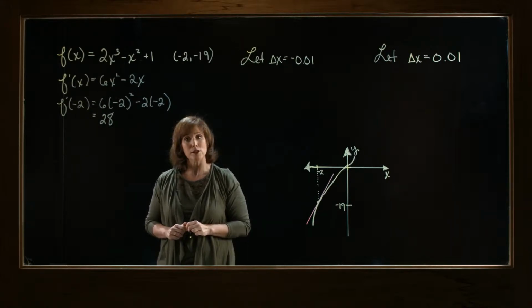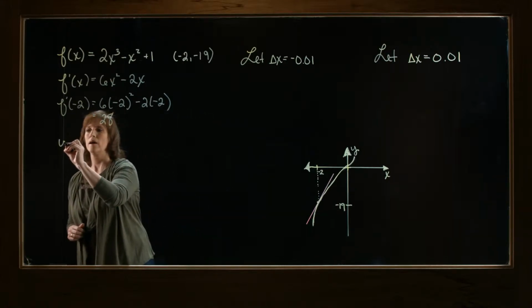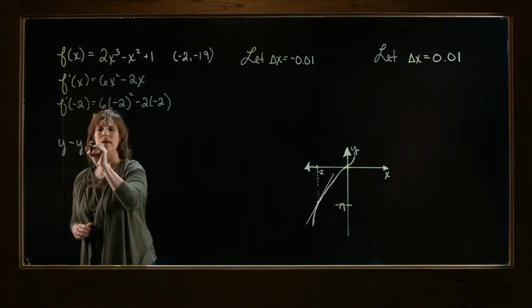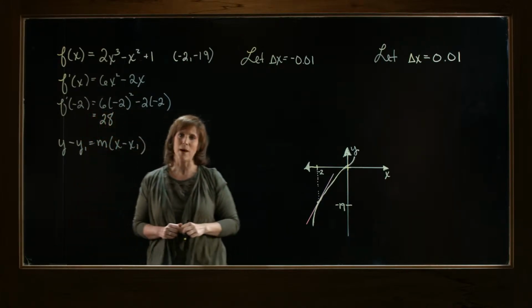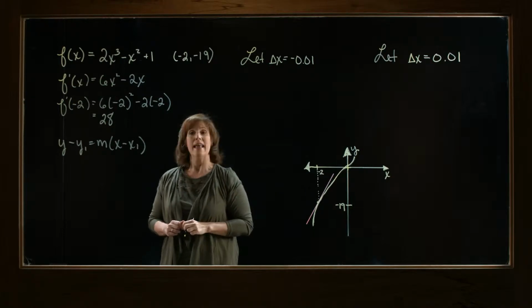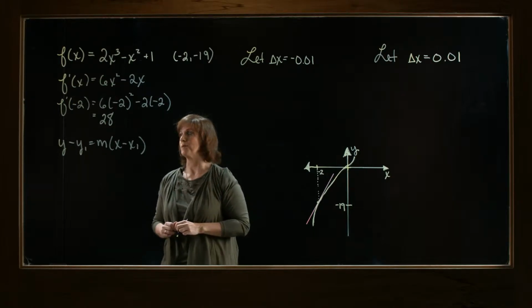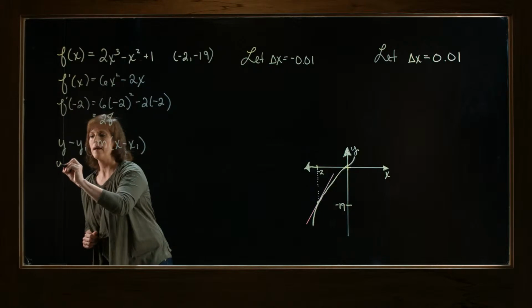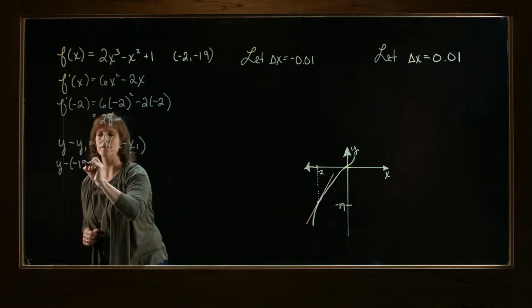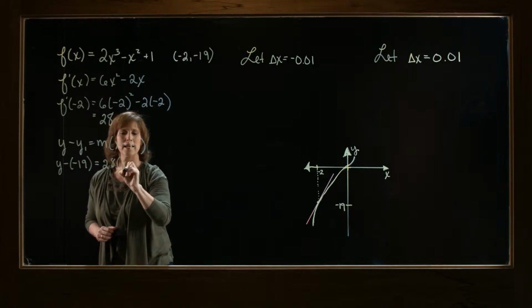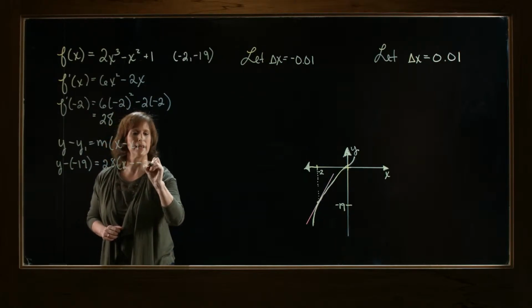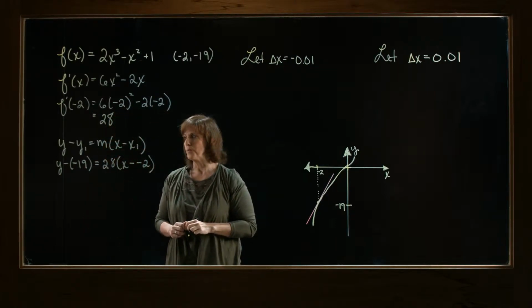Okay, now I need the equation of that tangent line. So I'll use my point-slope formula: y minus y1 equals m times the quantity x minus x1. Now I'll just insert the appropriate information. So I'll have y minus -19 equals 28 times x minus -2.